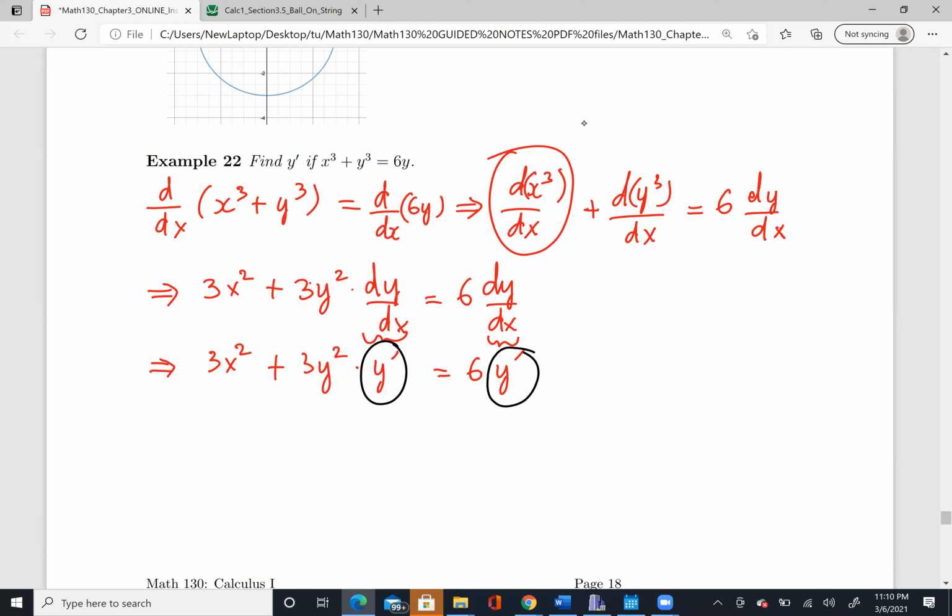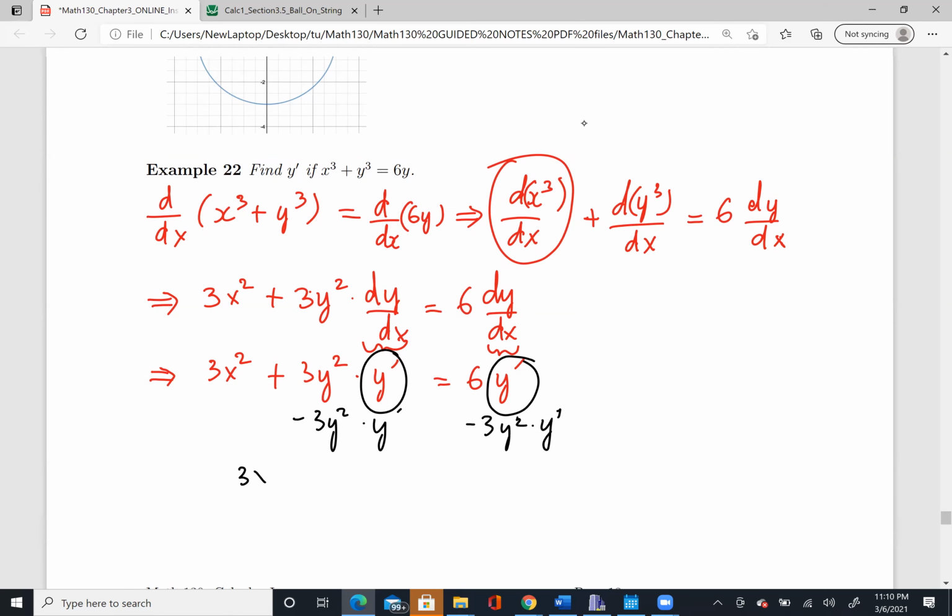I want to subtract 3y squared times y prime from both sides. And now you have 3x squared equal to 6y prime minus 3y squared y prime.